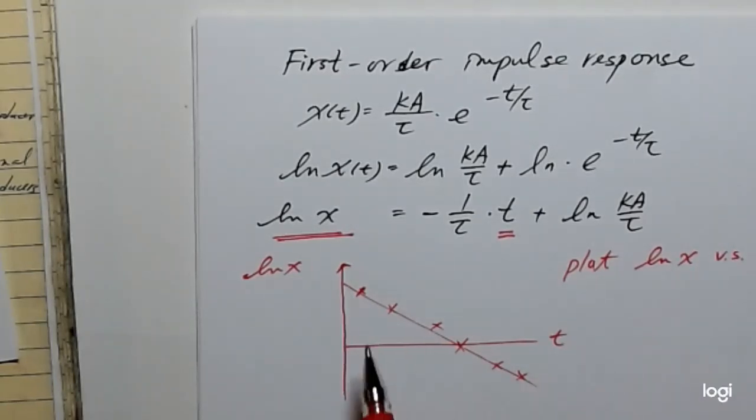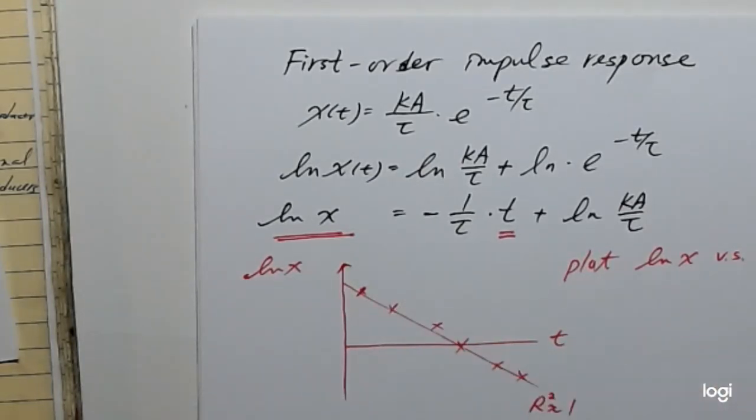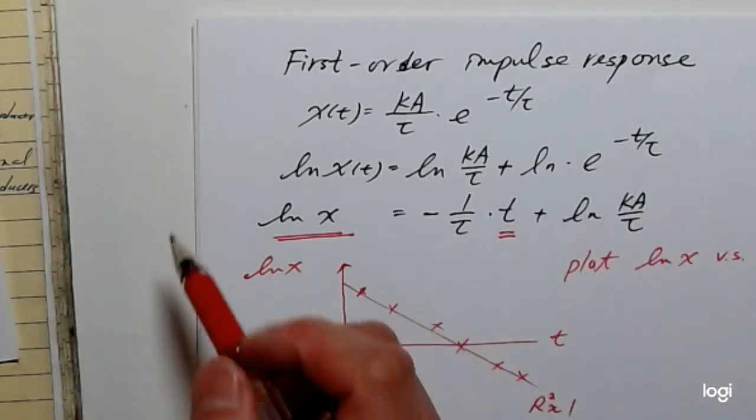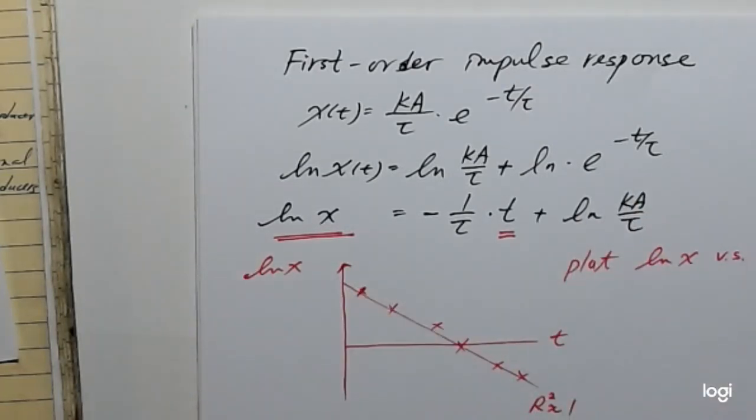If it gives me this straight line or close to a straight line, you can check the r squared value close to 1. If it gives you this straight line, that means this is the first order.